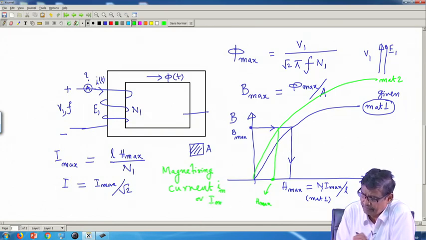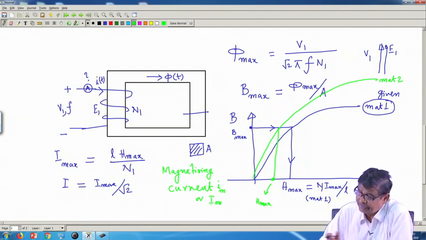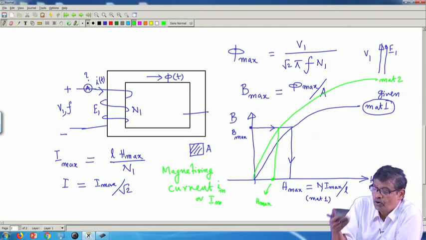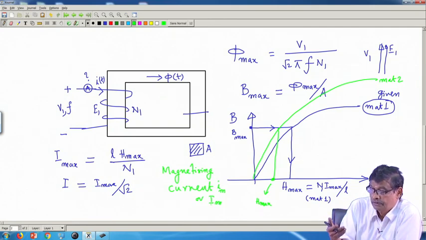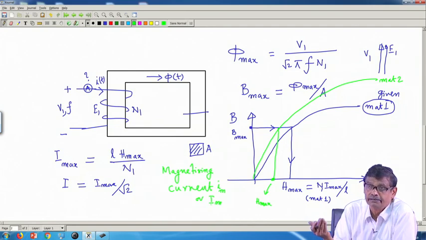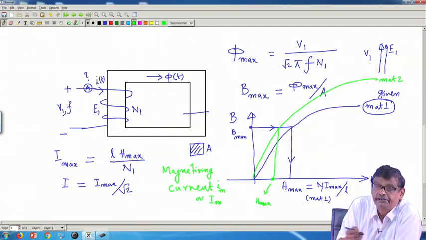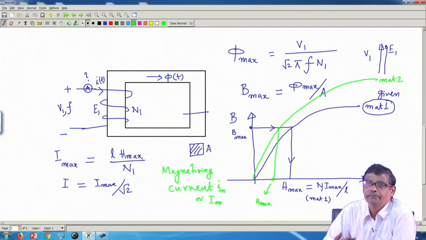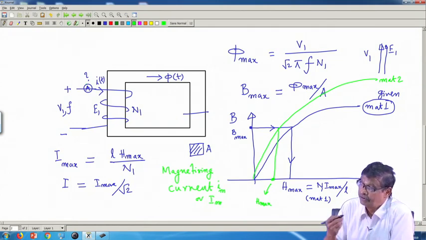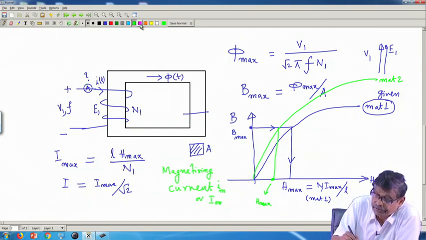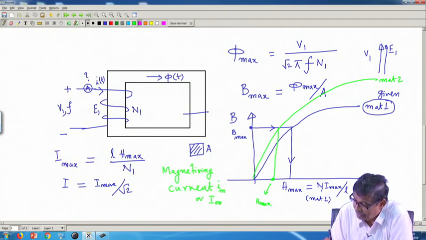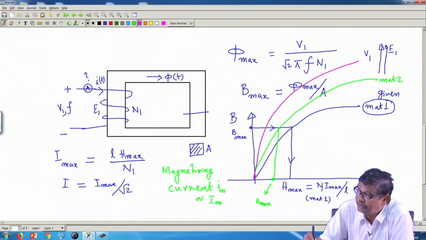We see that if you go on replacing this core material by better and better material, the current drawn, the ammeter reading, will become smaller and smaller. Suppose somebody says, okay, I will replace this by another material whose BH curve is like this, material 3.